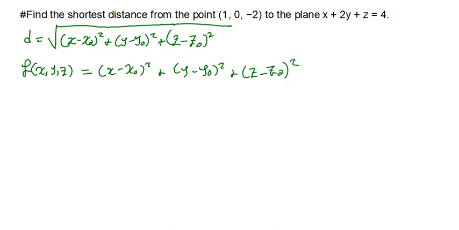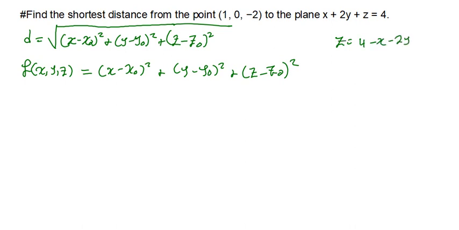Okay, so from the plane that I have, I need to try to write it in terms of two variables. What I have here is a function of three variables, x, y, and z. Now I want to write it as a function of 2 variables. It will be much easier for me to work with. So what I'll do is get the plane equation and make z the subject of the formula, meaning z is going to be equal to 4 minus x minus 2y.